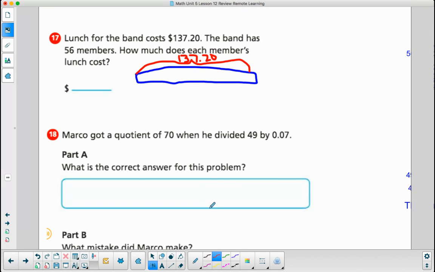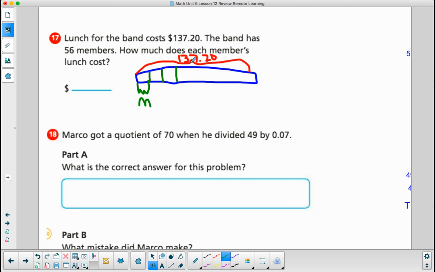If I need to figure out how much each of 56 equal lunches would be, I'm not going to break this all into 56. I'm just going to know that there's 56 of these, and I want to know how much each member's lunch, I'm going to put M for members, lunch cost.